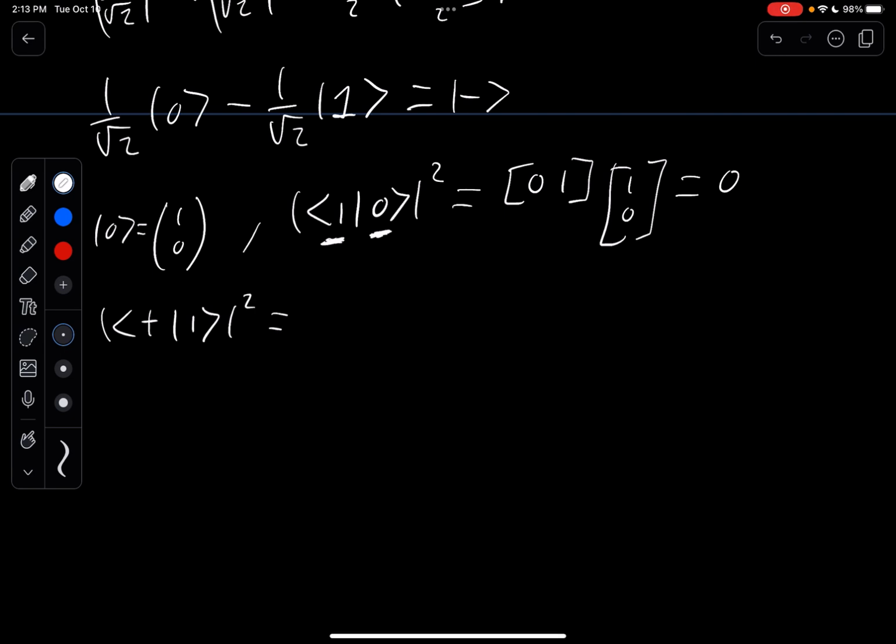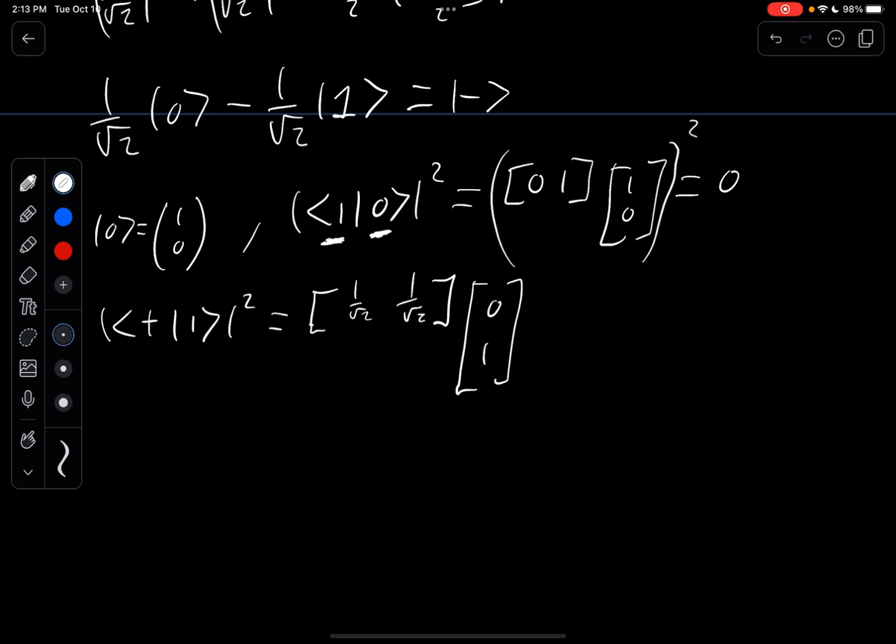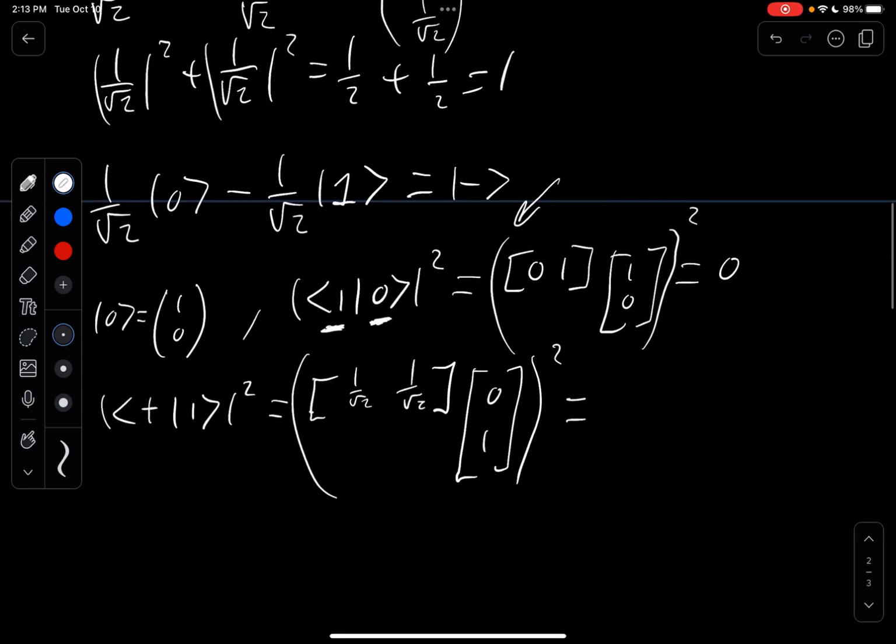Now, if you go through these calculations, you'll find the following. Oops, I should also square it here, I forgot. It's easy to forget. And if you calculate this, sorry, these brackets here should be absolute value squared. Let me update that.